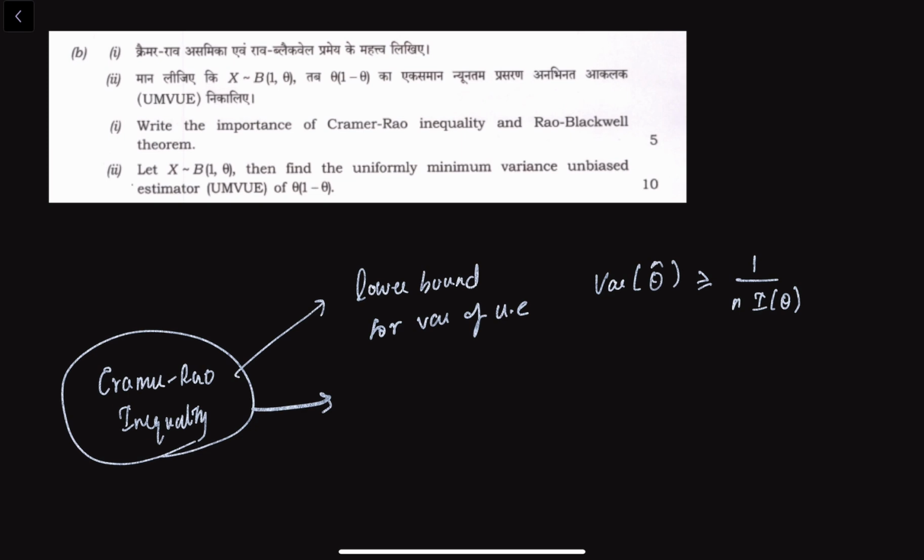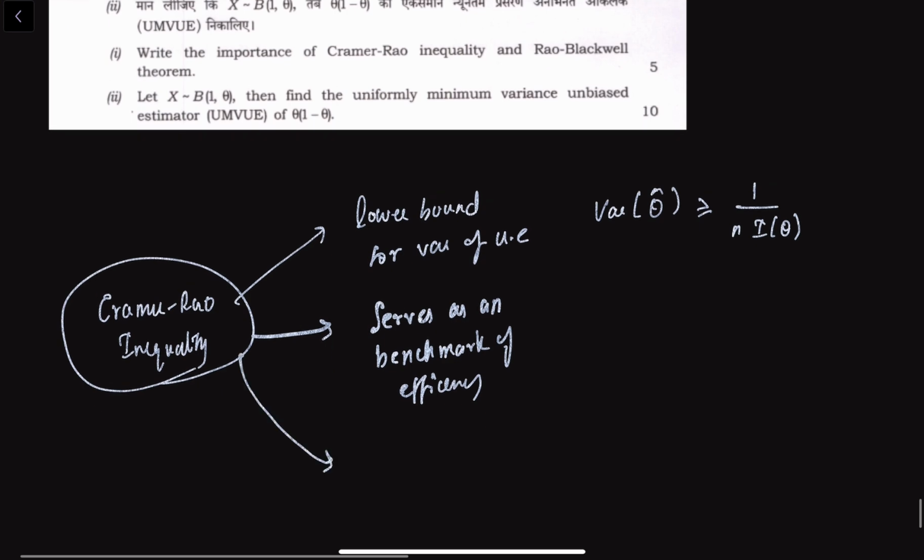The second thing that we can write about the importance is that it serves as a benchmark of efficiency. And the third thing is that it helps us to assess the quality of estimators, because we can compare competing estimators and show how the information affects the precision.